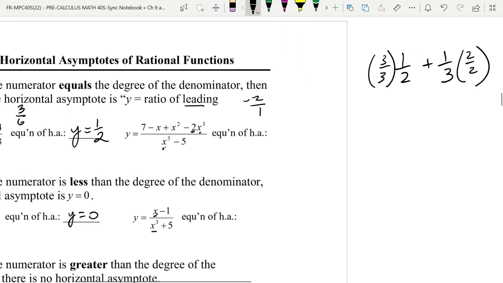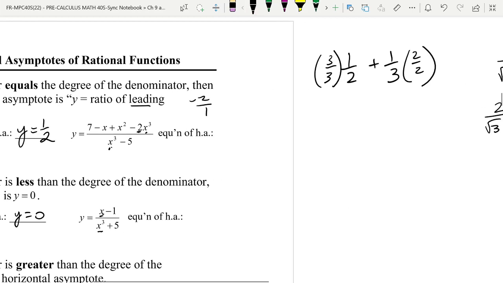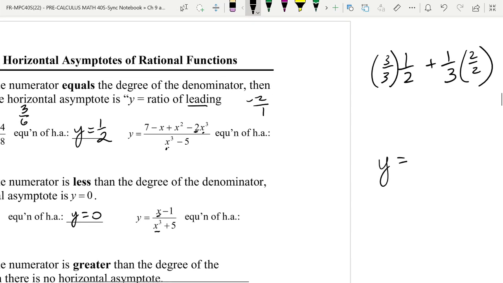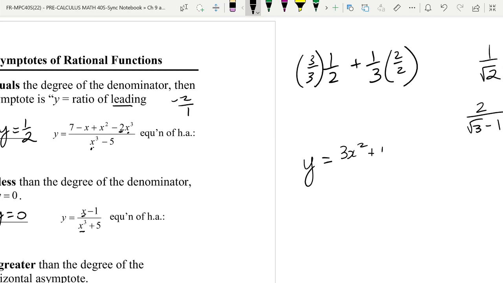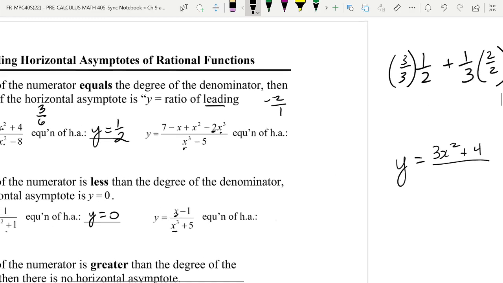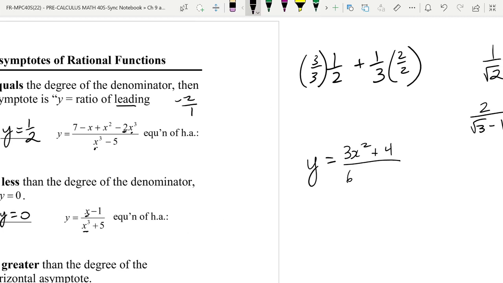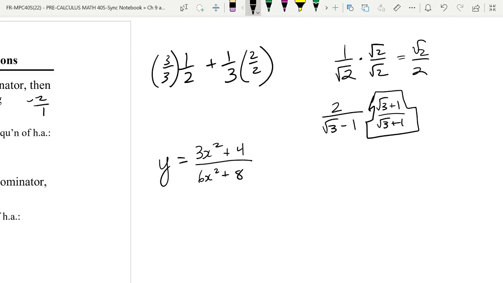Here, let's do the first one over here. If I wanted to know what the horizontal asymptote of this is, 3x squared plus 4 over 6x squared plus 8, I again use this trick of multiplying by 1.